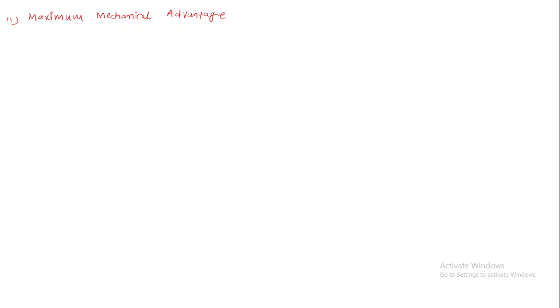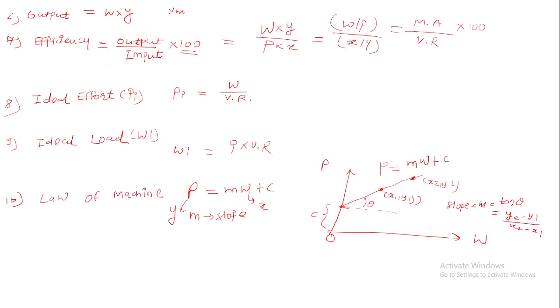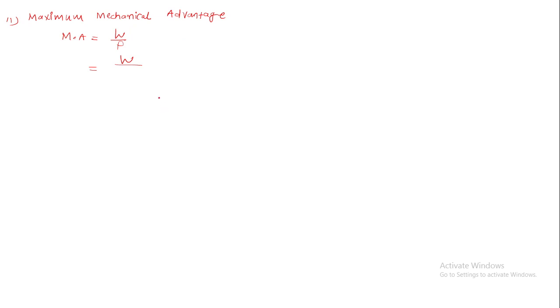So we know that mechanical advantage is equal to the ratio of load divided by effort. If we see from the law of machine, load is equal to mw plus c.